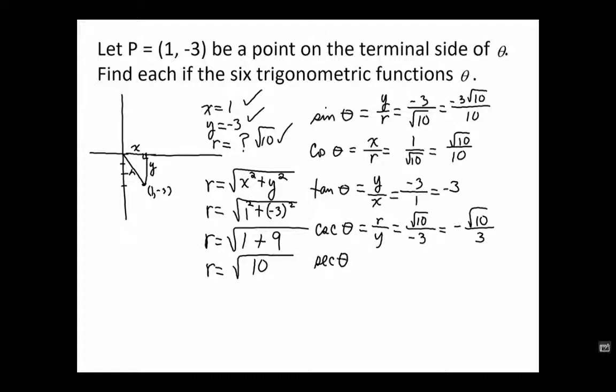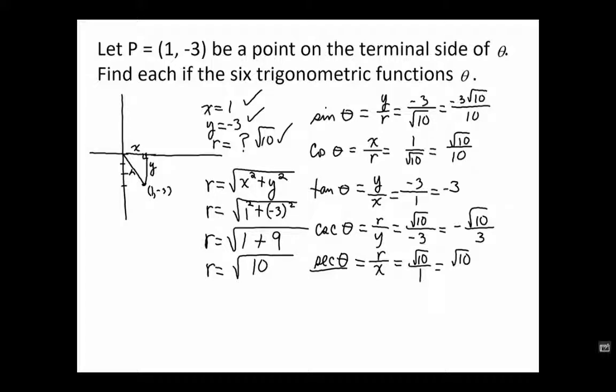The secant of theta is defined to be r divided by x. R is the square root of 10, x is 1. So the secant of theta is the square root of 10.